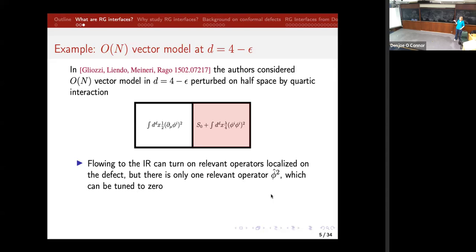I haven't talked about the O(N) model really yet, but there are just N scalar fields phi^I packaged as a vector. If you take this to the boundary, you can call it phi hat, and the only relevant operator on the boundary would then be phi hat squared, and that can be tuned to 0. So it's reasonable in this case to say this flows to some RG interface.